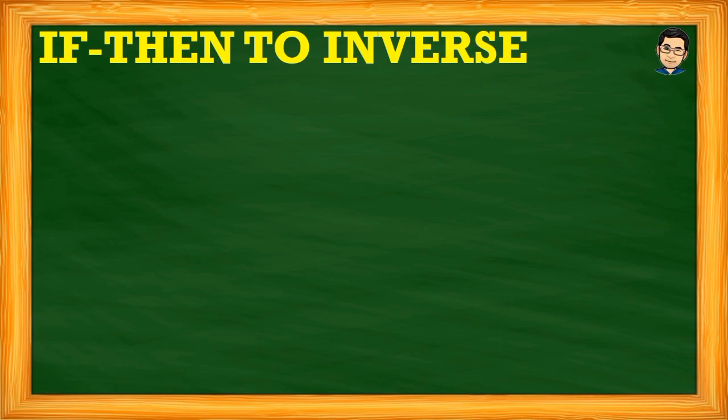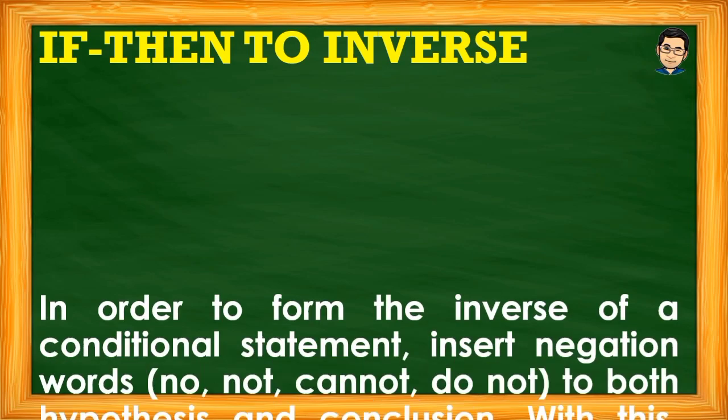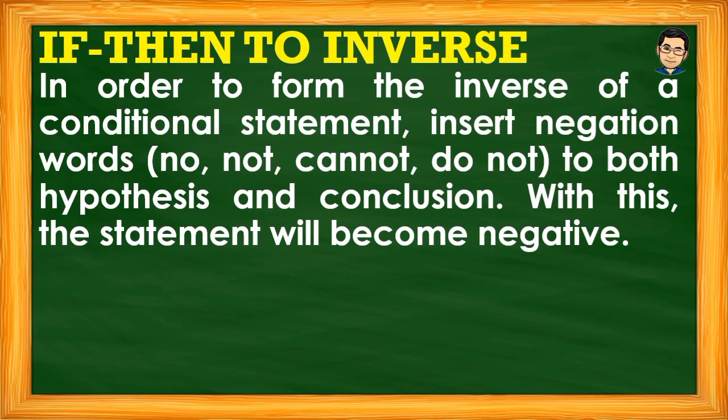So, how do we transform an if-then statement to its inverse statement? So, in order to form the inverse of a conditional statement, insert negation words like no, not, cannot, do not to both hypothesis and conclusion. With this, the statement will become negative. So, hindi po natin pagpapalitin ang posisyon ng hypothesis and conclusion.